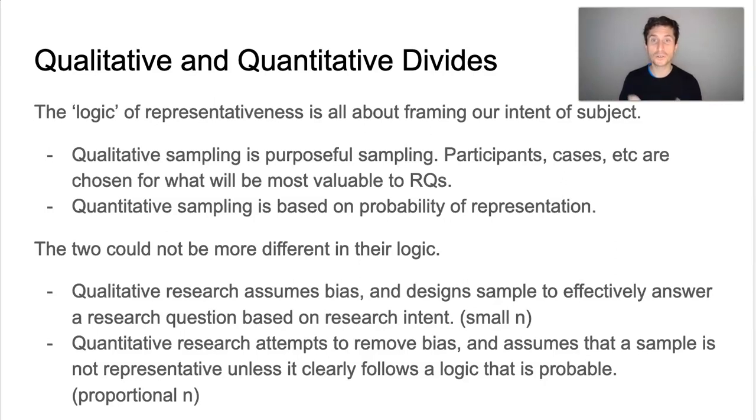It's proportional to the number of people that exist within the population. This will become clear when we talk about how we do cluster sampling or how we do randomized sampling in just a couple of minutes. But I want to make sure that it's clear that the logic that sits behind how we sample is based on one, acknowledging bias, and the other is trying to remove some bias or trying to at least reduce its impact.